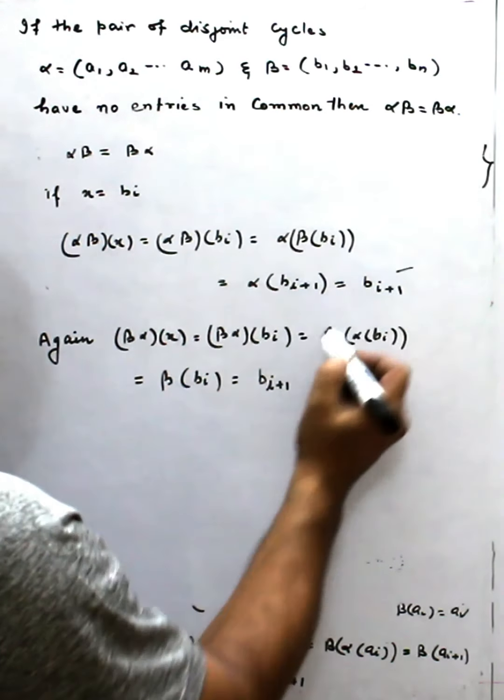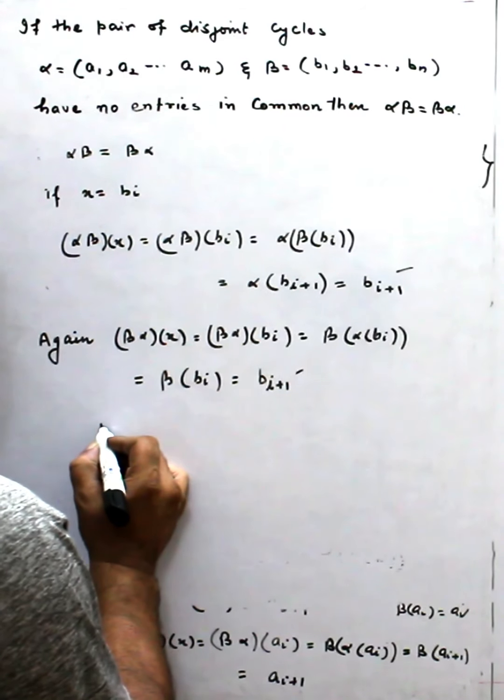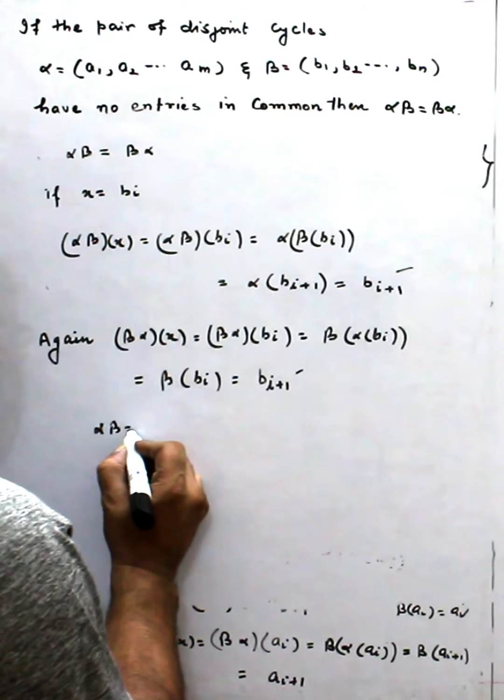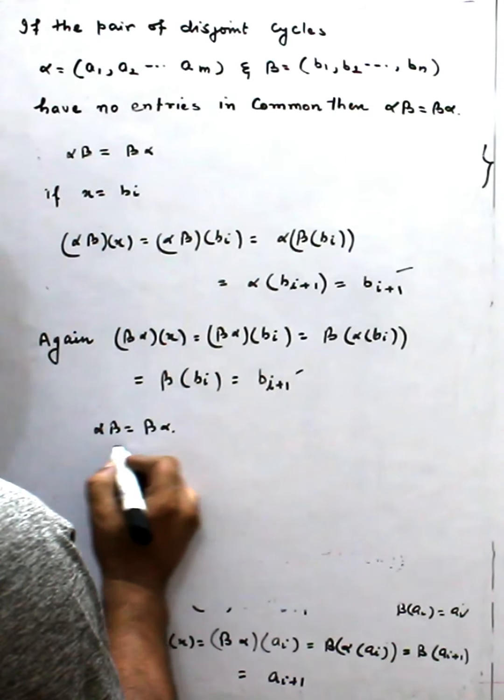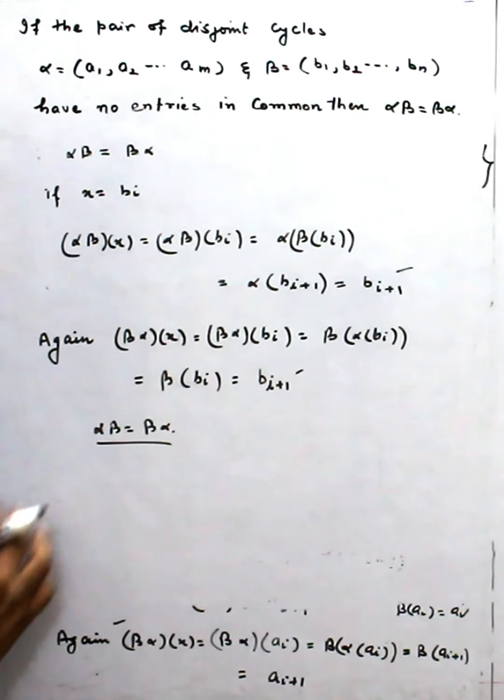So from this and this we get alpha beta equals beta alpha. So this case is also true.